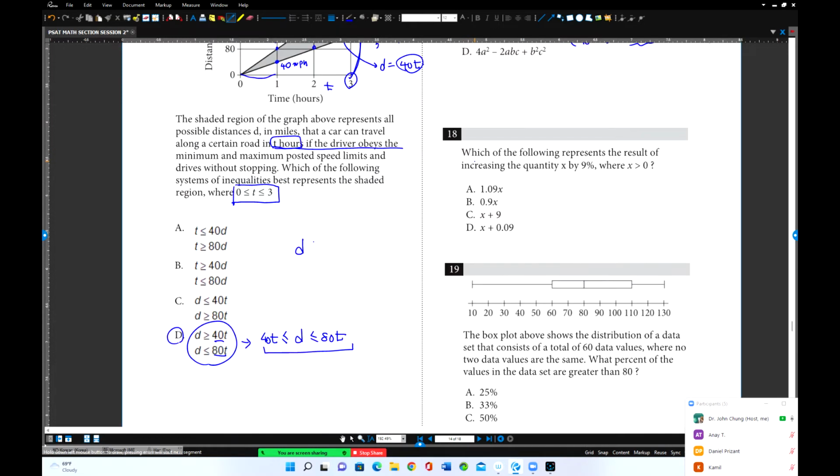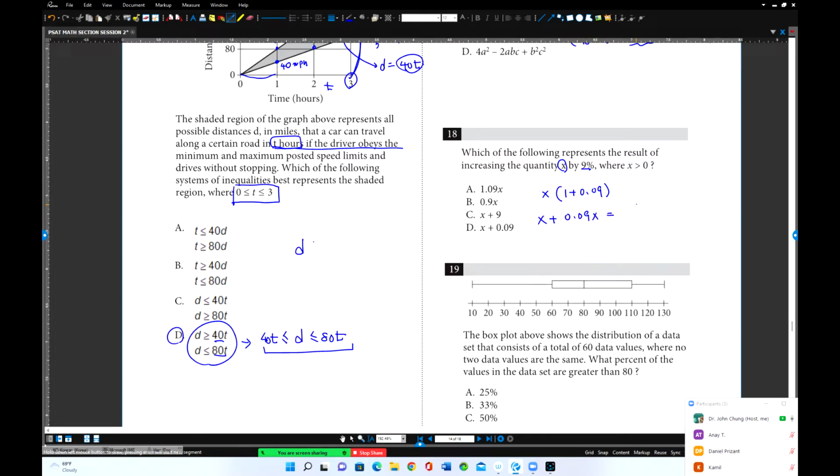All right, number 18. Which of the following represents the result of increasing the quantity X by 9%? X times increase, that's the formula, right? X times 1 plus 0.09. Okay, that is the increase, because you know that, right? X plus 9% of this is 0.09x.